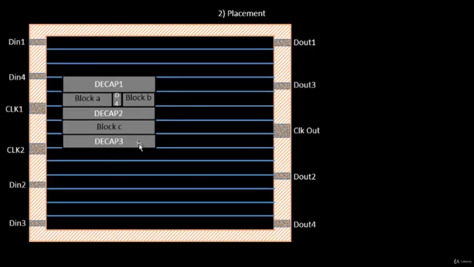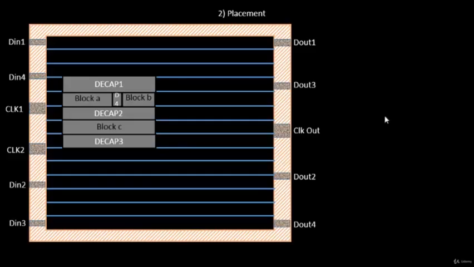These steps are done in the floor plan stage. So the placement stage, the stage where we do the placement, will make sure that these particular locations are not affected. They are not moved. They are kept as they are. And the second thing that it will take care of is that there will be no cells placed in this area. So these two things we have to take care of.